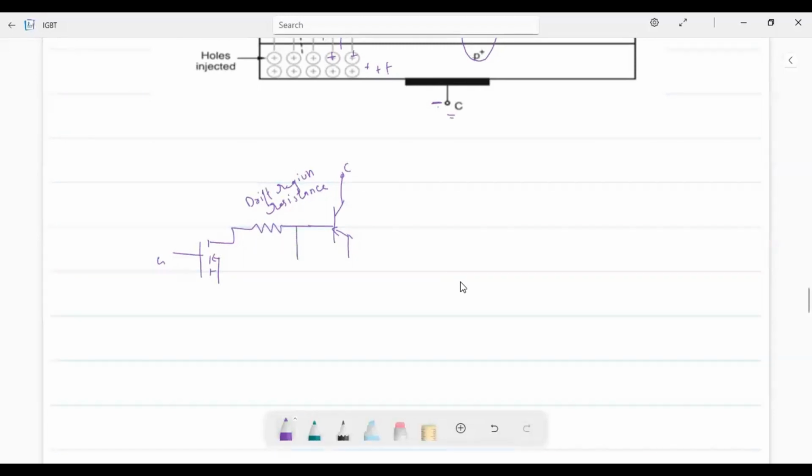And one more transistor is there, that is NPN. This is getting shorted. This source, this emitter region. Here one resistance will be there. This is getting shorted. This is the emitter for IGBT. This resistance is called the body resistance, body region resistance.